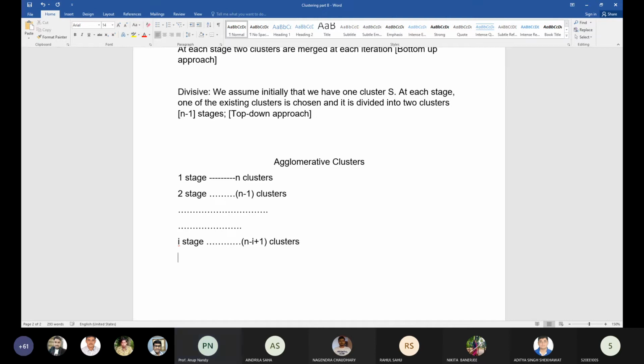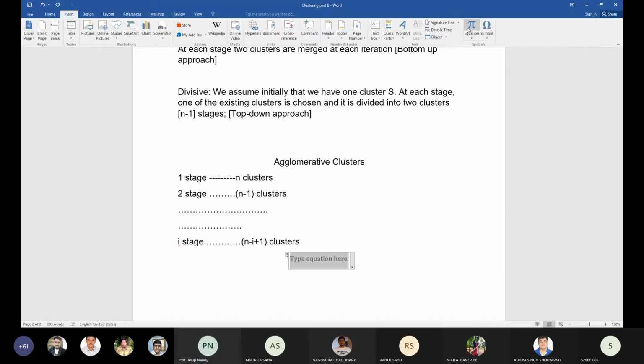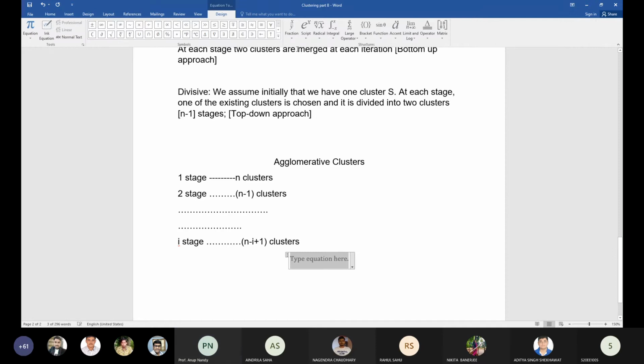If you denote them, it will be C1, C2, up to C of n minus i plus 1.